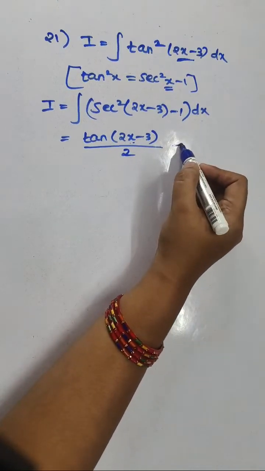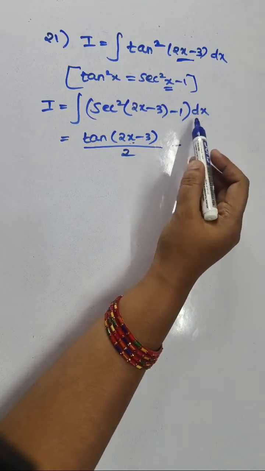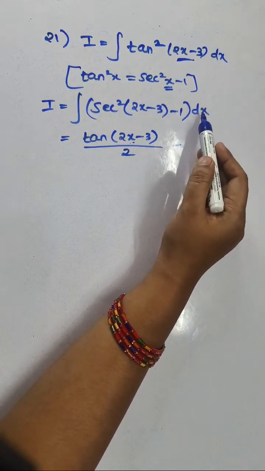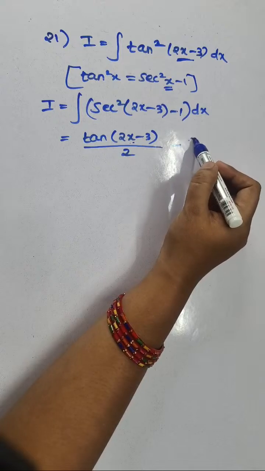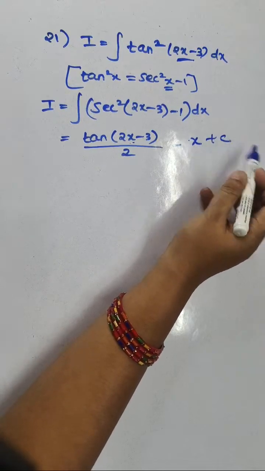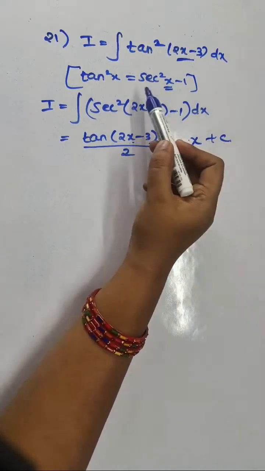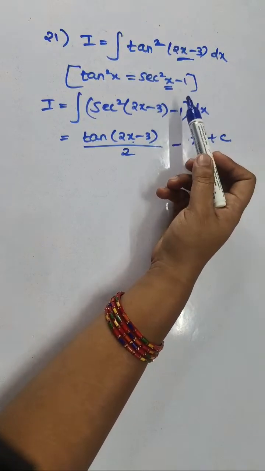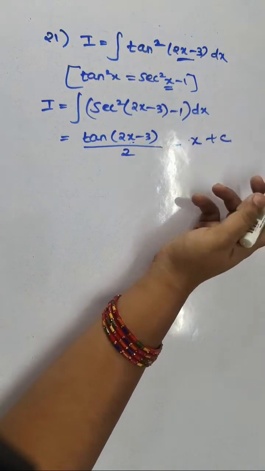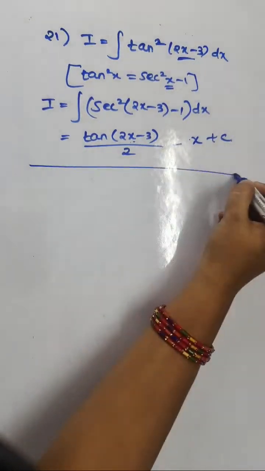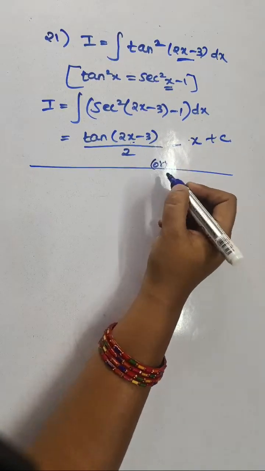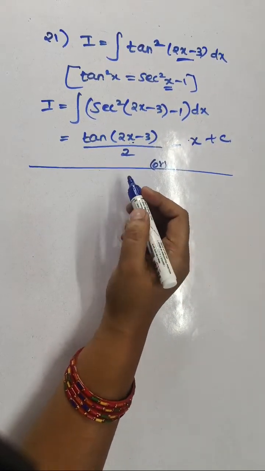And we have one more term, so that is minus integration of 1 with respect to x, that will become x, then plus c. So here we are not using the substitution part, straight away we are integrating. Or if that is confusing, you can use the substitution part also.